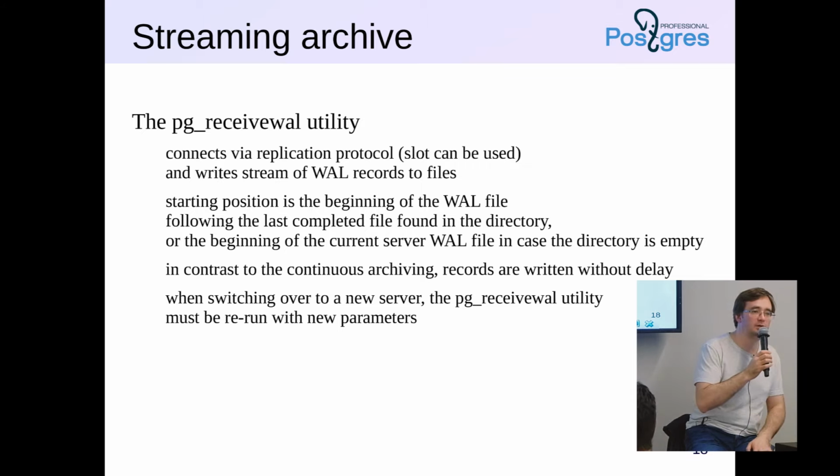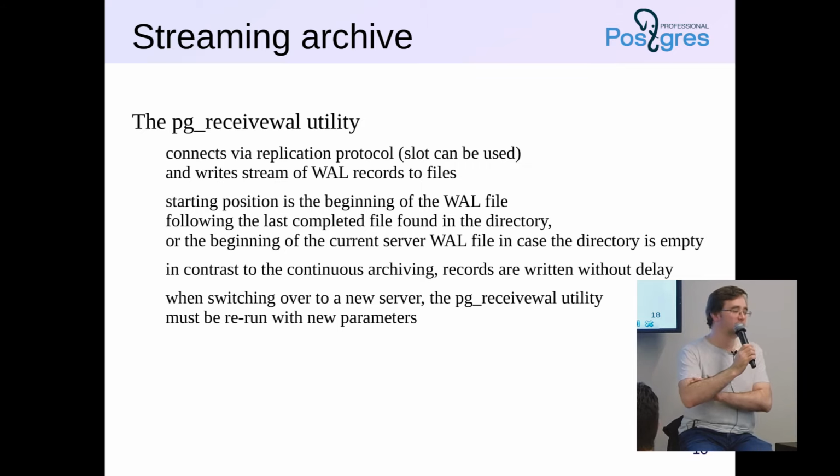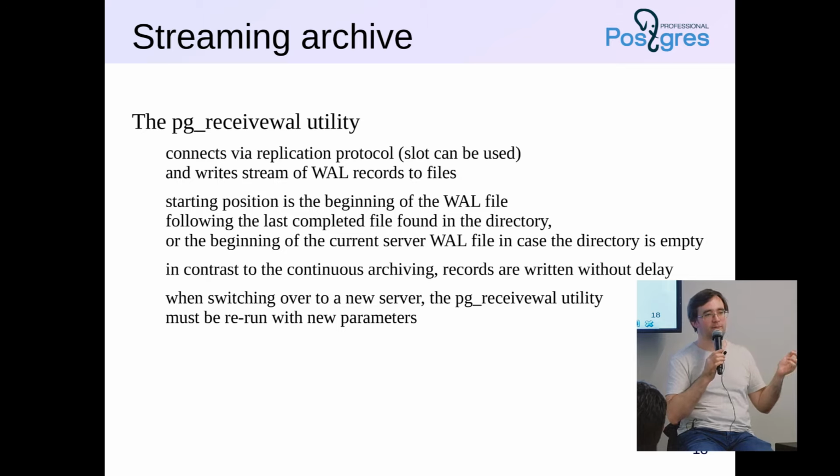Also, you can use streaming archive. There is the utility pg_receivewal. You can run this utility on, say, another server. This utility connects to the primary server by replication protocol, gets the stream of WAL records, and writes them into local files.